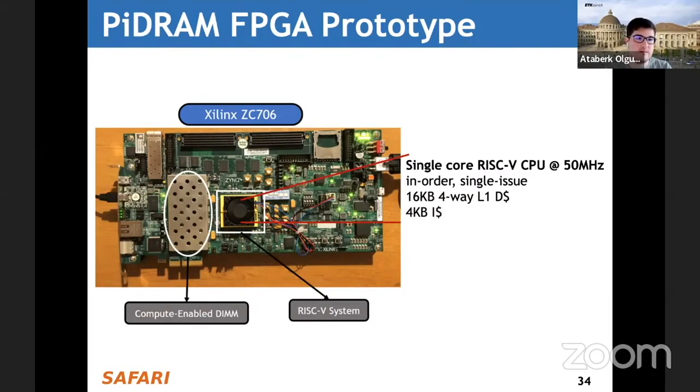The system we have could be clocked at maximum around 50 megahertz. As far as I remember, we tried with 100 megahertz and it failed for this FPGA board. Better or bigger FPGA boards might have more slack, but a realistic upper bound to frequency, I think, for these open source processors at least would be, I don't know, in the range of 200-300 megahertz.